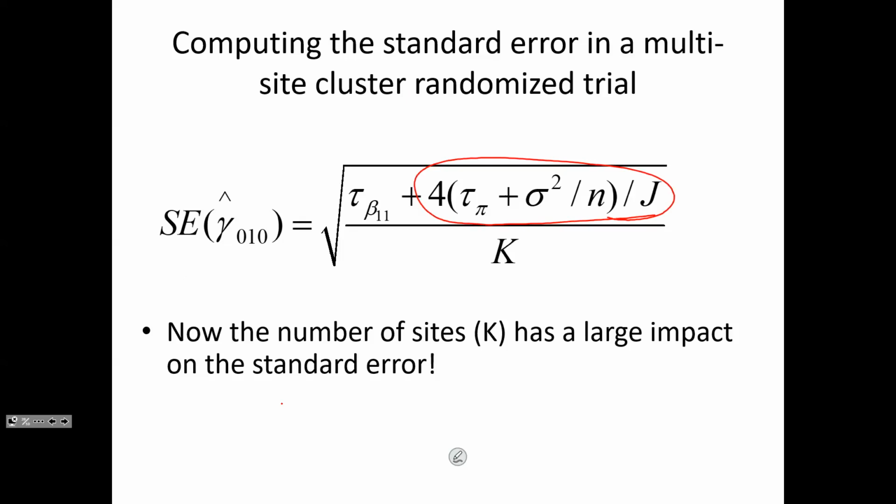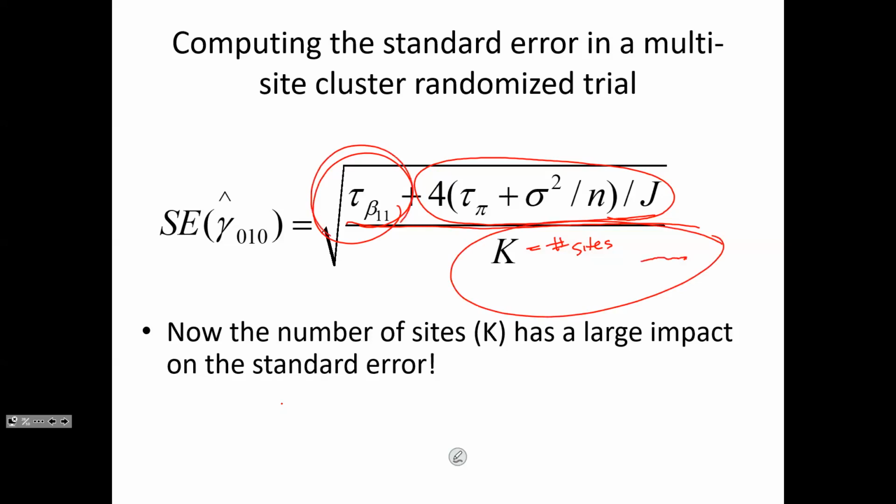J is still in the denominator, but now I've added K, the number of sites, in the denominator. And now I've got tau beta 1,1, which tells me about the variability in the treatment effects across sites. So the standard error for a multi-site cluster randomized trial is in large part a function of the number of sites, because it's in the denominator, so that's really going to drive things.